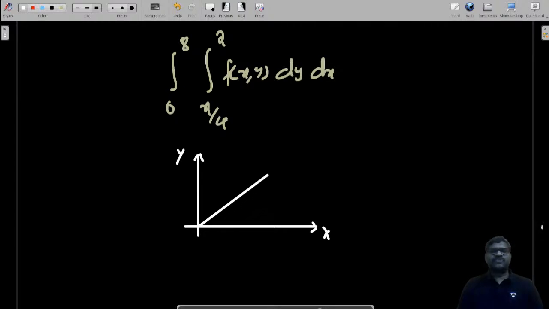The region is y equal to x by 4, y equal to 2, x equal to 0, x equal to 8.